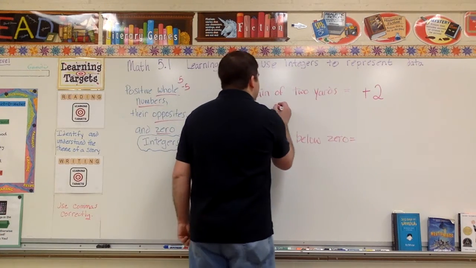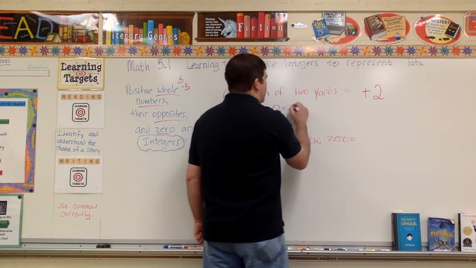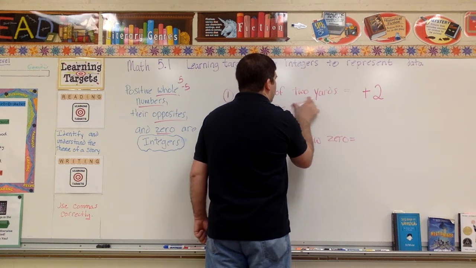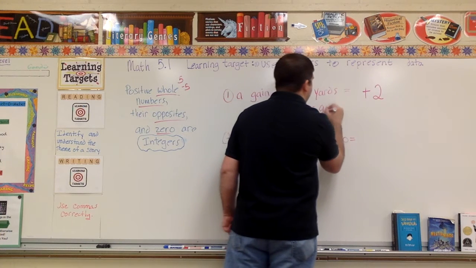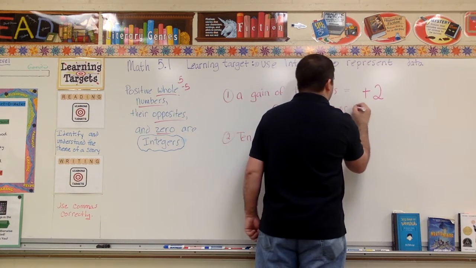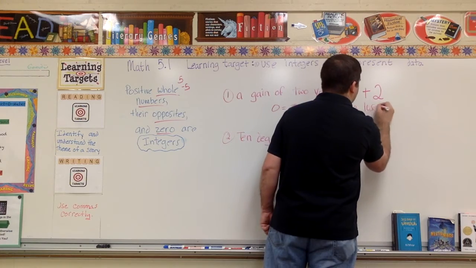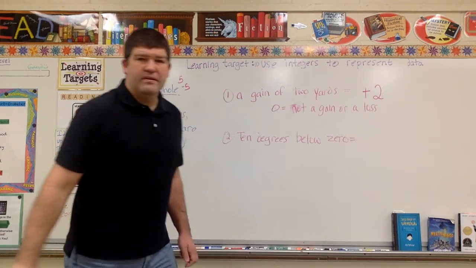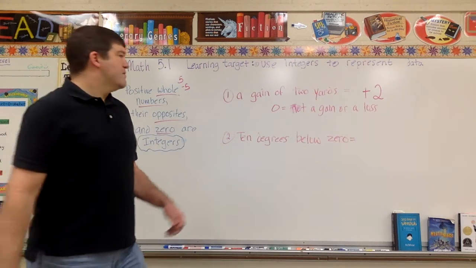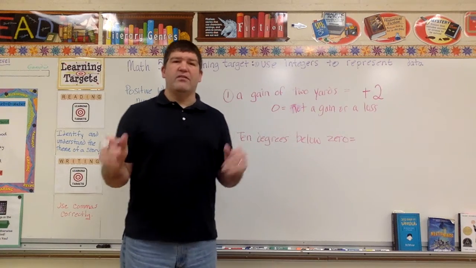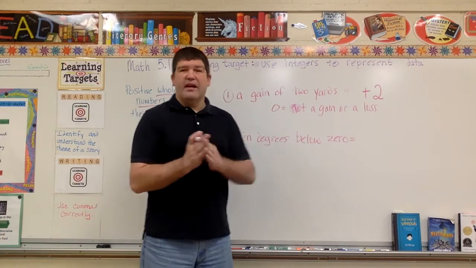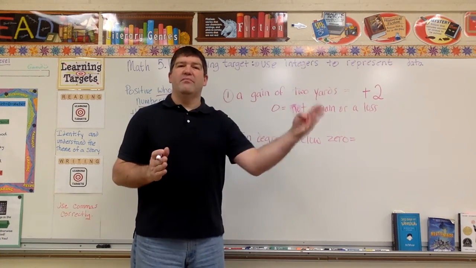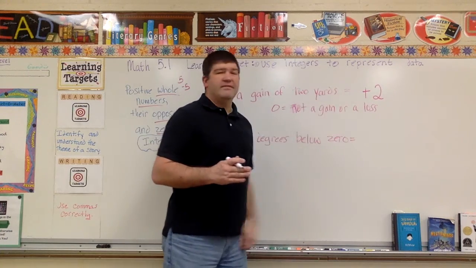Okay. 0 is not a gain or a loss. Okay? So 0 equals not a gain or loss, right at 0. So if I have a gain of 2 yards, I'm going the positive side. I'm gaining 2 yards. So then I have a +2.